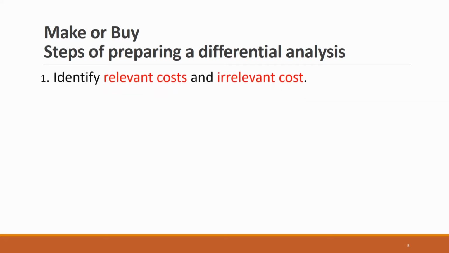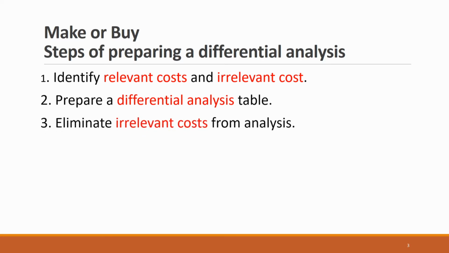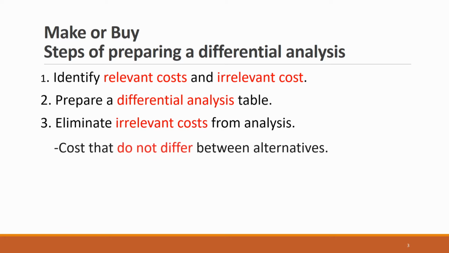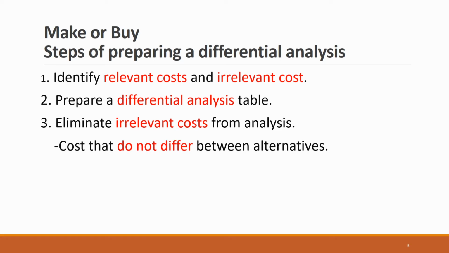Number 1, we have to identify relevant costs and irrelevant costs. 2, we have to prepare a differential analysis table. 3, we have to eliminate irrelevant costs from the analysis because we just focus on relevant costs. Irrelevant costs mean costs that do not differ between alternatives.